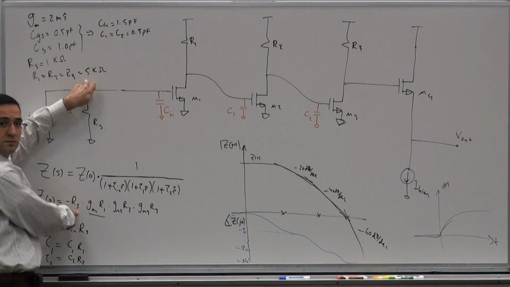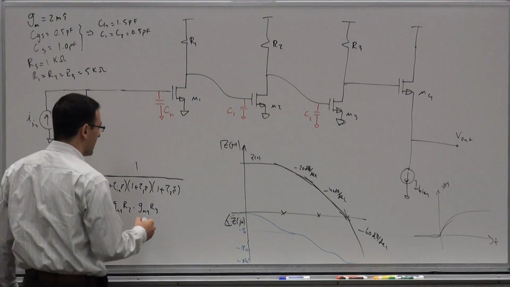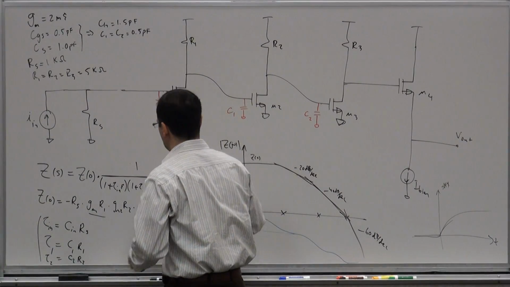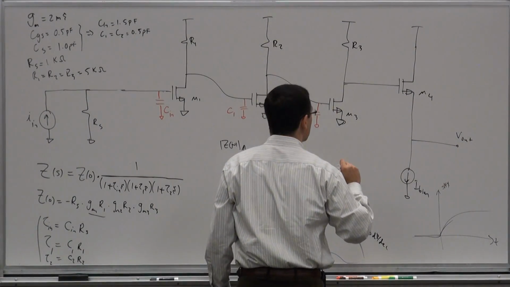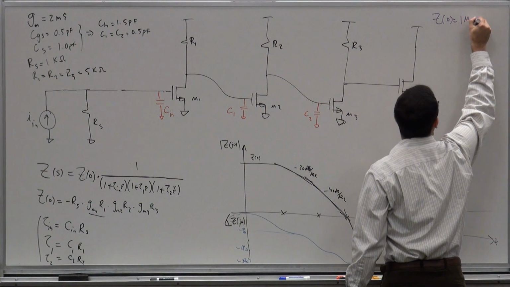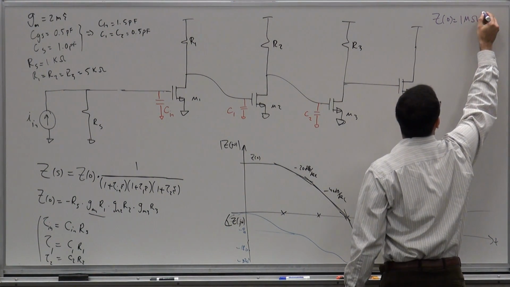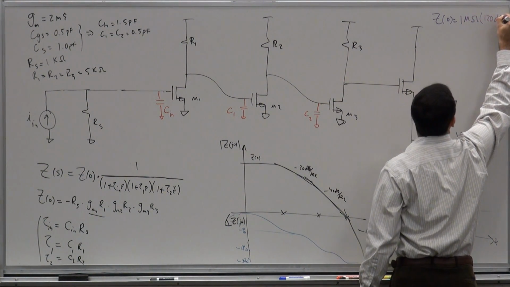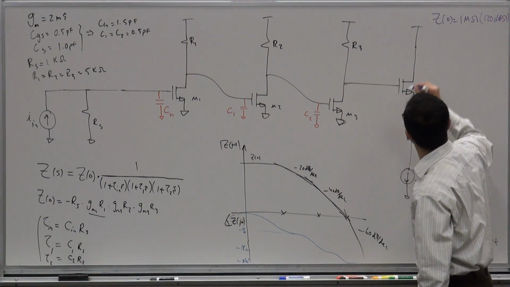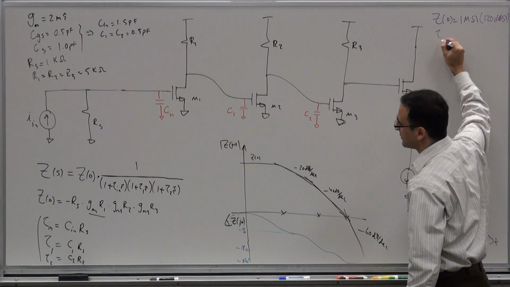And 1 kilo ohm, so it's 1 mega ohm. So in this case, numerically, we're running out of space. Z of 0 is 1 mega ohm, which is about 120 dB ohms. And then let's calculate the taus.